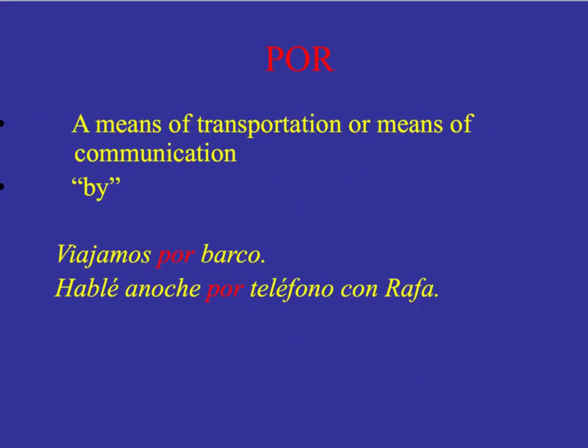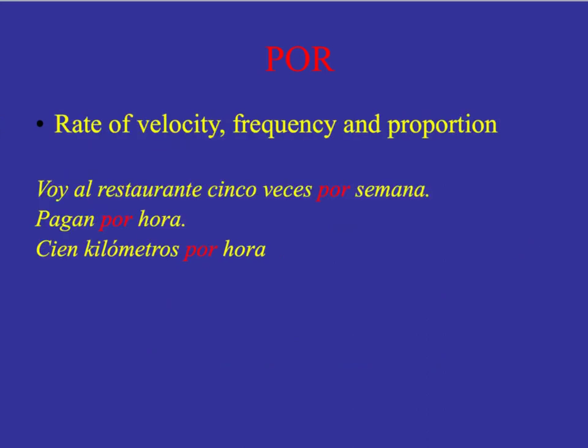Por is used to express a means of transportation or communication. So "by." We traveled by boat. I talked last night on the phone with Rafa, so by telephone. Think of por as "per" as well, for velocity, frequency, and proportion. I go to the restaurant five times per week.